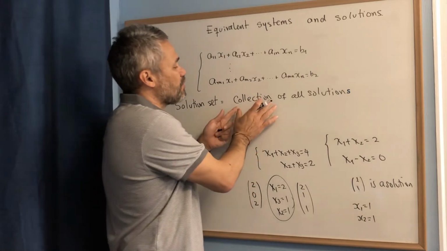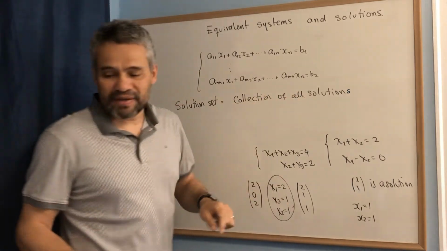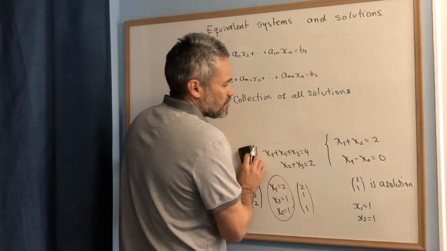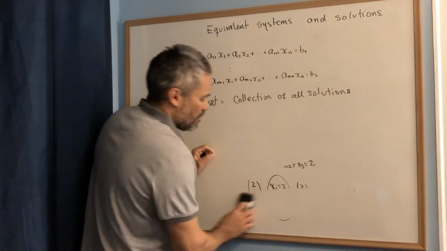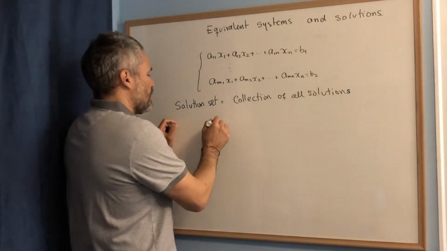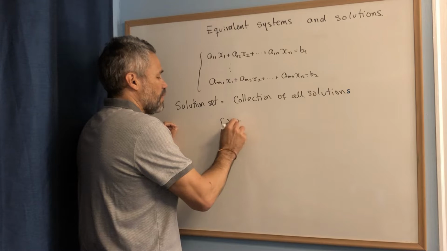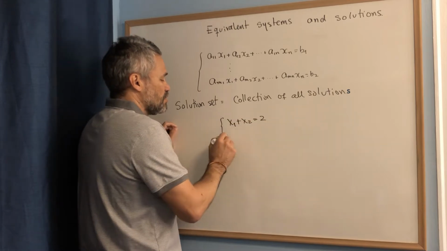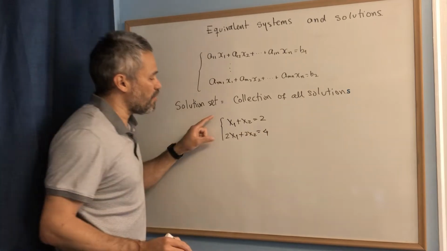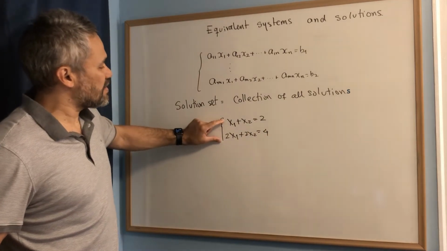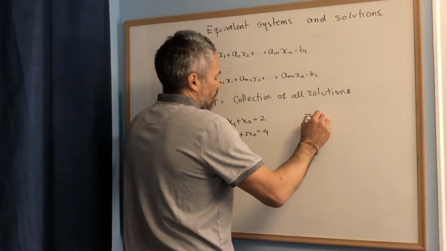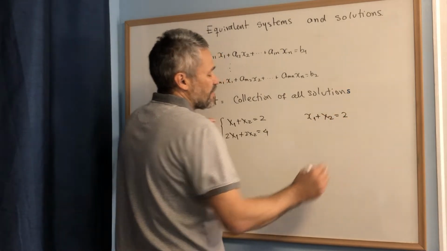Then we need to learn how to describe a solution when we have infinitely many solutions. So maybe I should do an example of a system with infinitely many solutions. Let's say that we have x1 plus x2 equal 2 and 2x1 plus 2x2 equal 4. We notice that essentially these two are the same equation. Then we only need to worry about solving this one.